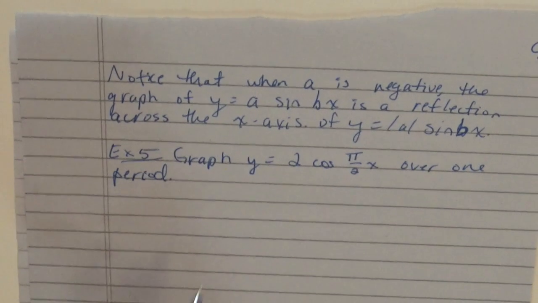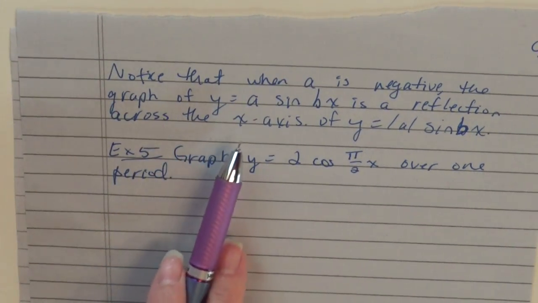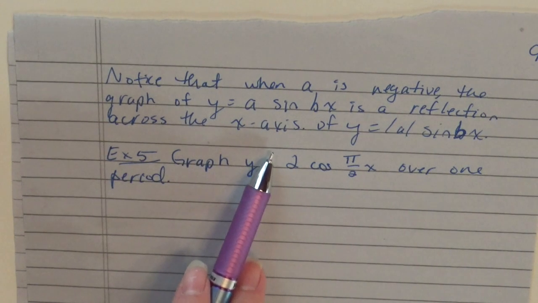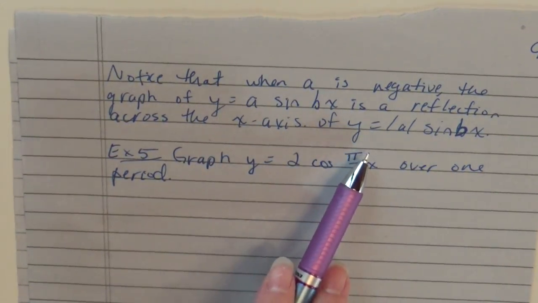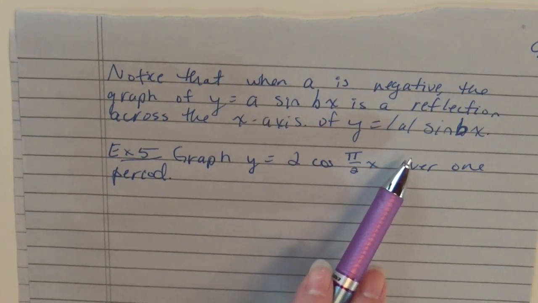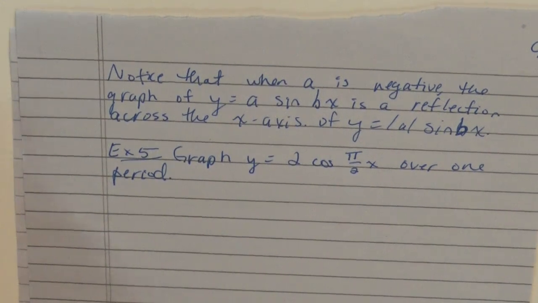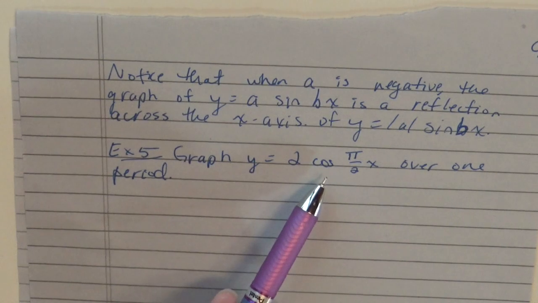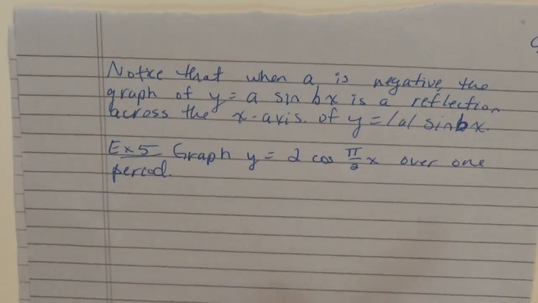And example 5. So this is what we just stated. Notice that when a is negative, the graph of y equals a times sine of bx is a reflection across the x-axis of the original function y equals absolute value of a times sine of bx. In example 5, we want to graph y equals 2 times cosine of pi over 2x over 1 period.